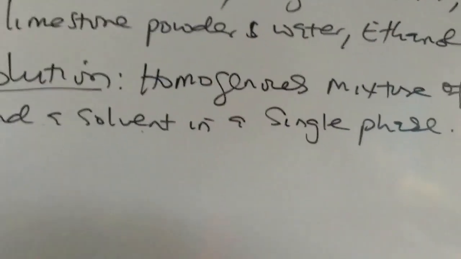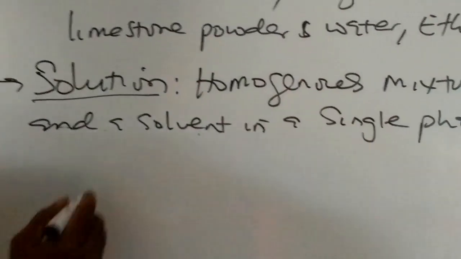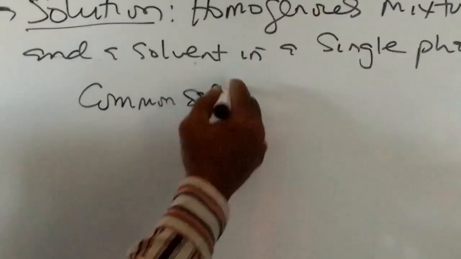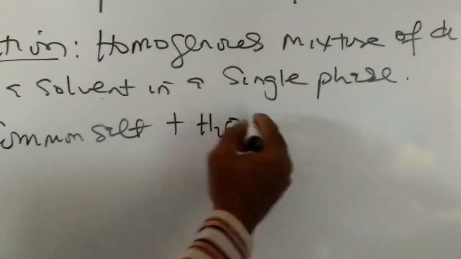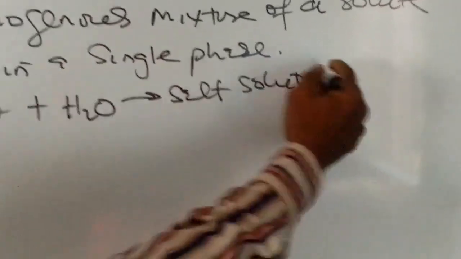The word homogeneous means uniform mixture of two substances. For instance, we have common salt, which is sodium chloride, plus water gives you salt solution. The common salt is called the solute.